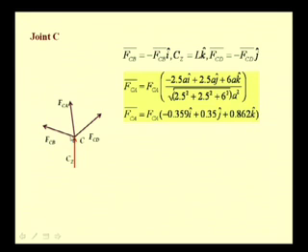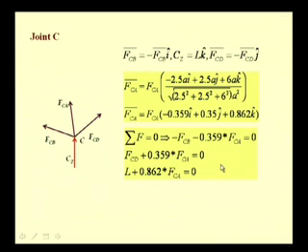And since now we have determined all these forces in their vector form, we can use the equilibrium equation to determine the forces. So, the equilibrium equation sigma F equal to 0 results in 3 scalar equations, one each for i, j and k.